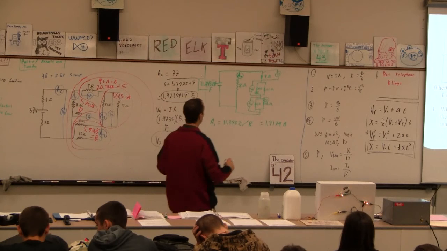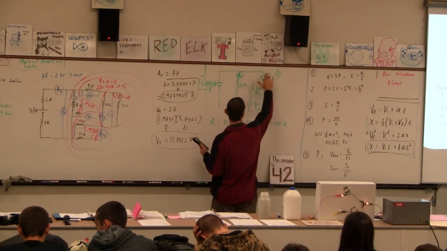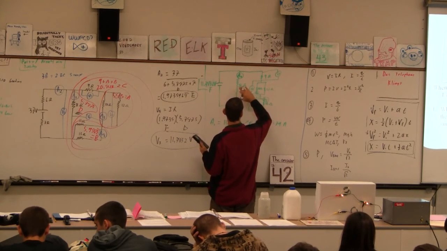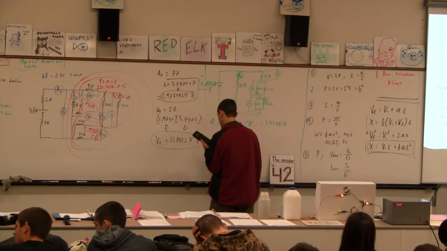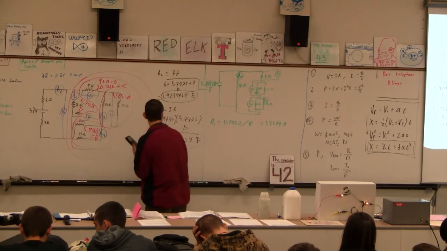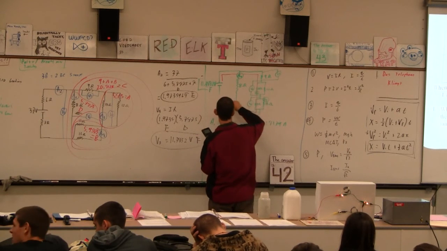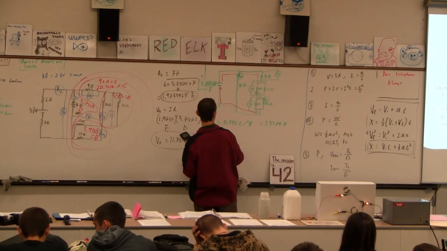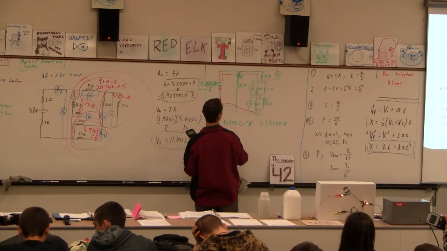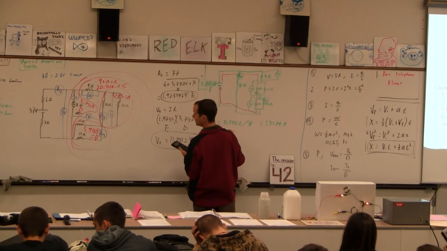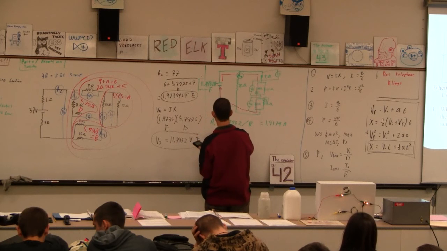Okay. And then to solve this side here, this is just going to be a series circuit. And I guess what we need to do is figure out what this current is on this side. So this current is going to be that voltage divided by all of that resistance. We don't even ask for this current ever, which is sad, but I need that current.